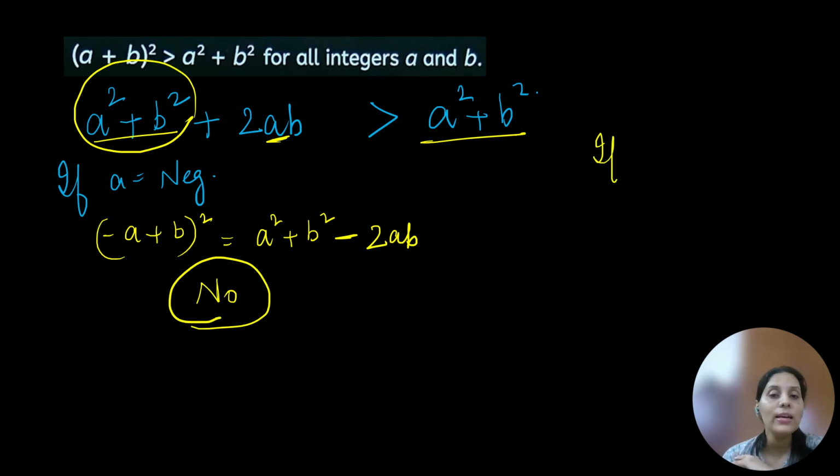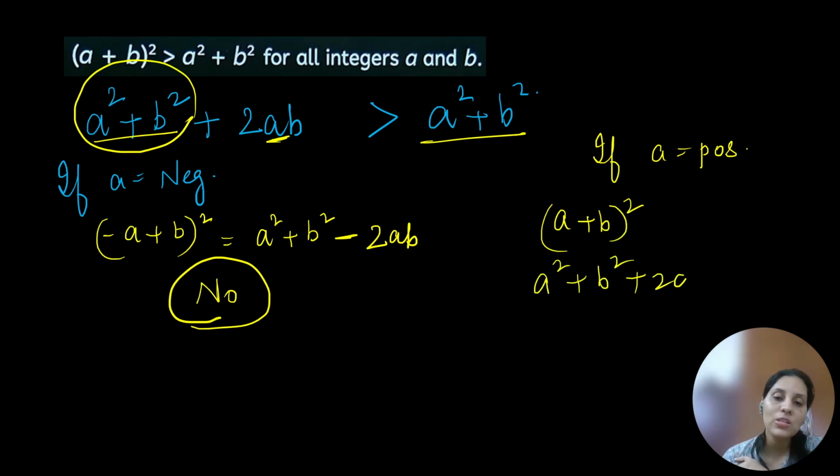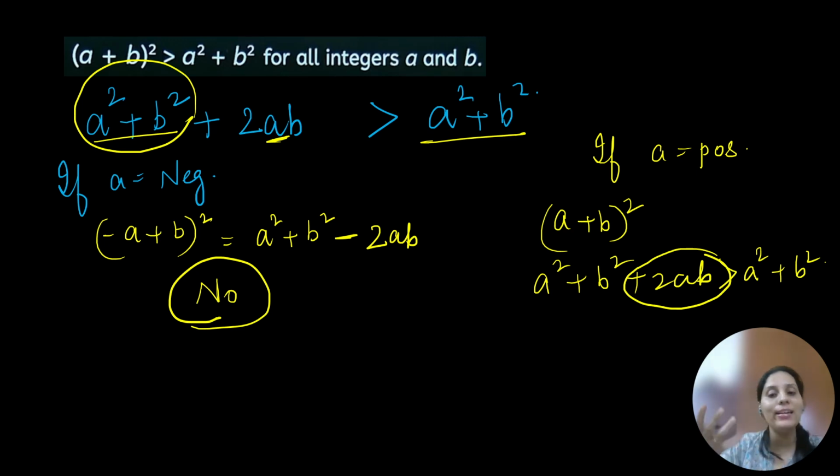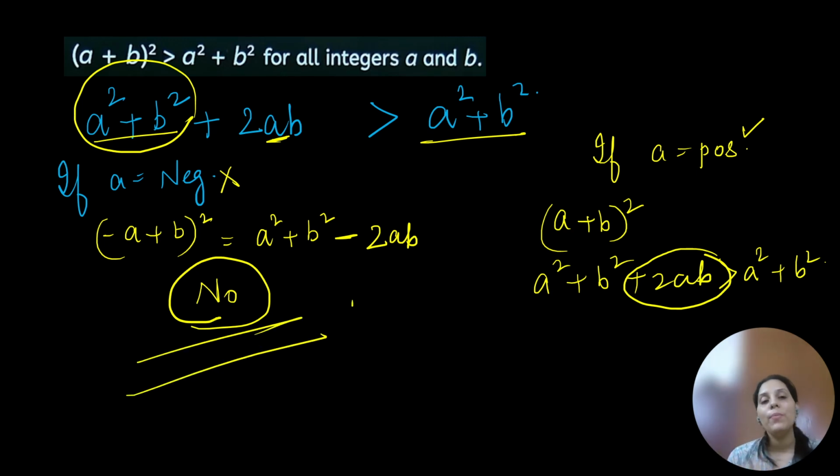But if I take a as positive, what do I get? (a + b) whole square, a square plus b square plus 2ab. Then it will definitely be greater than a square plus b square, because one extra term has been added. So if a is positive, it will be true, but if a is negative, it is not satisfied. So your final answer is no, because it has asked for all integers.